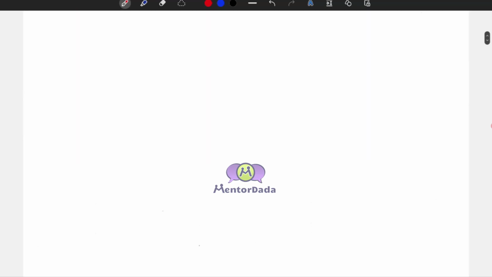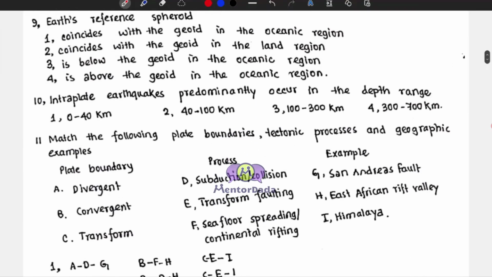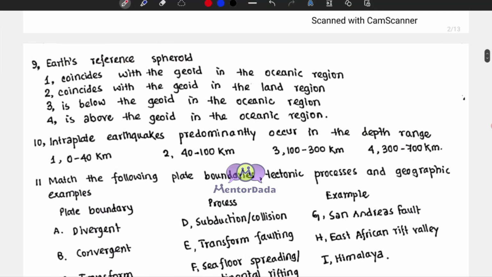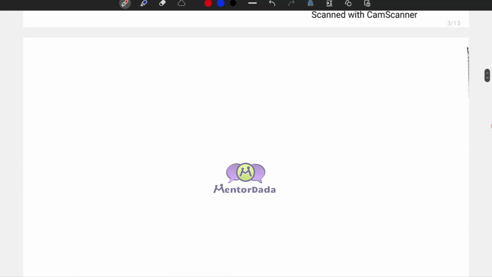Next, Earth's reference spheroid. So try to understand this thing.